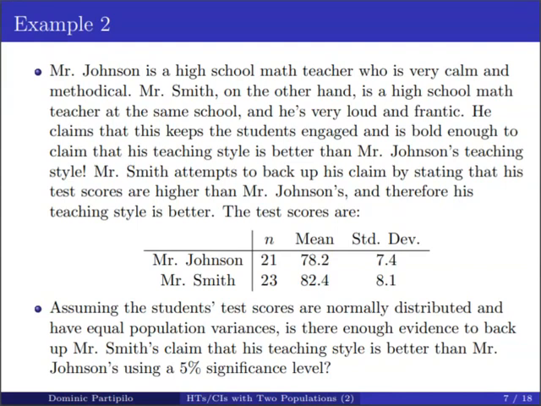But as we've seen before, just simply looking at the sample means doesn't tell us whether there's a significant difference between the two, and we need to check to see if there's any statistical significance behind Mr. Smith's claim that his test scores are higher than Mr. Johnson's. So here we're going to use a 5% significance level and perform a hypothesis test for the two population means.